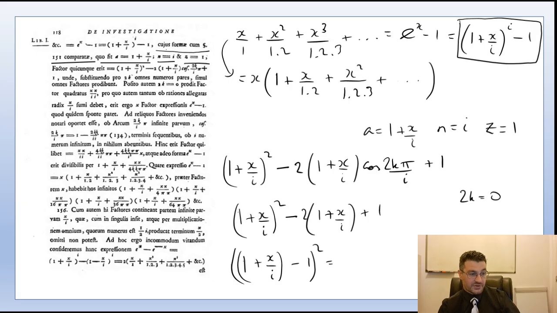Which of course reduces to xx over I, and that's what Euler is pointing out here. When we set 2k equal to 0, this produces the quadratic factor xx over I.